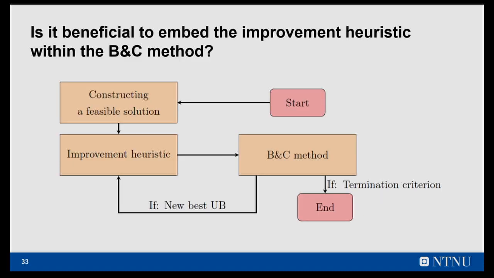So let's go back to this architecture here. We also wanted to figure out if it's beneficial to embed such an improvement heuristic within the branch and cut method. So we did some analysis to check how often this loop is called, like how often the branch and cut method finds an improvement, and also how often the improvement heuristic manages to further improve such a new best solution.